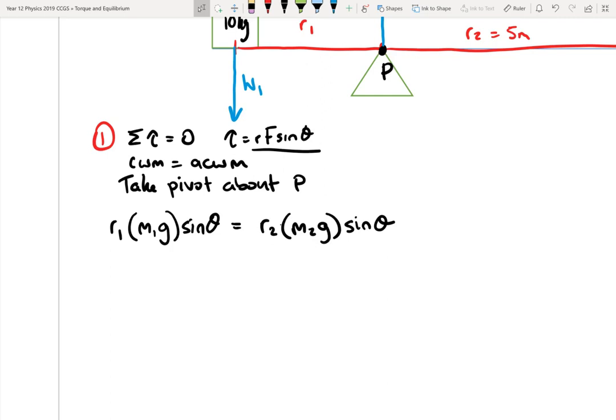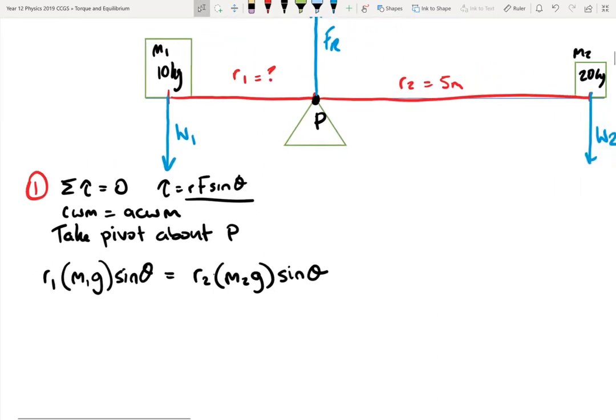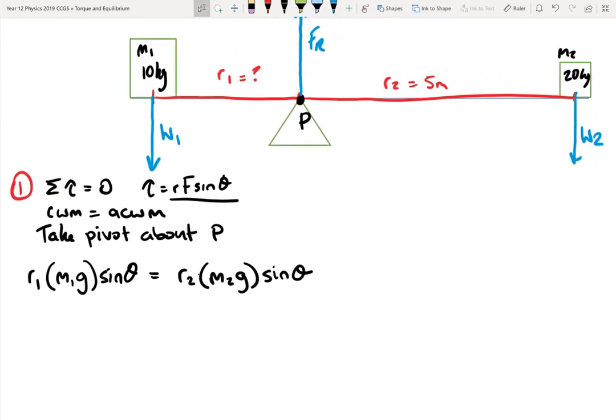Now, the end game is we didn't have R1, so really, I should have told you, at what distance must we place this 10 kilo mass to balance the 20? The Year 7s would look at that and go, all right, you've got double the mass, must be half the distance. The answer is 2.5. You bring this in closer, that one's further out, you do your mechanical advantage of levers.